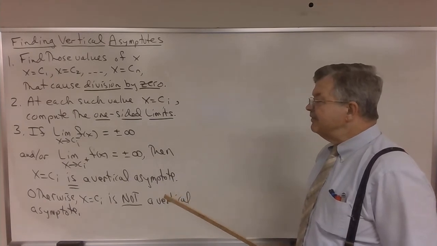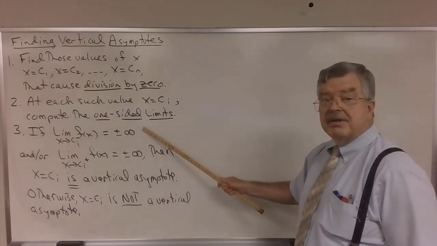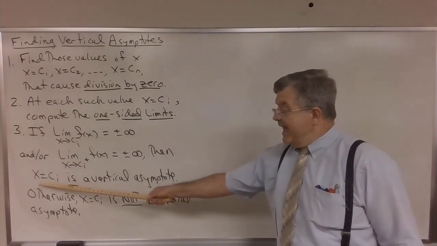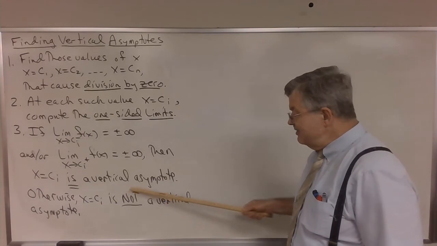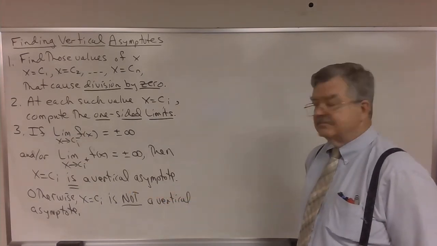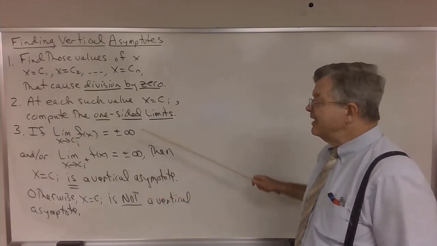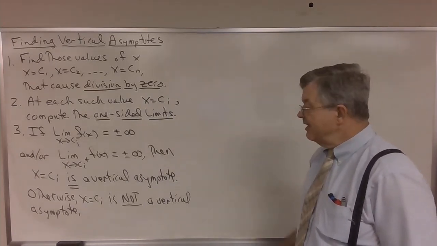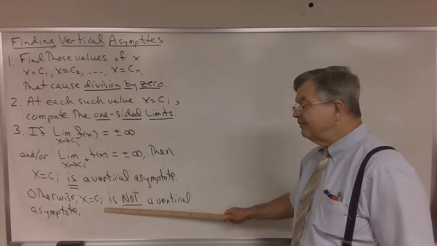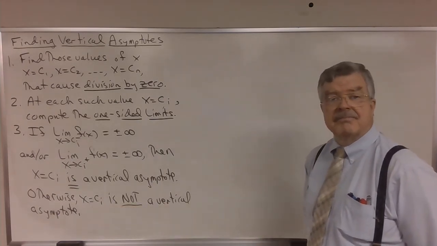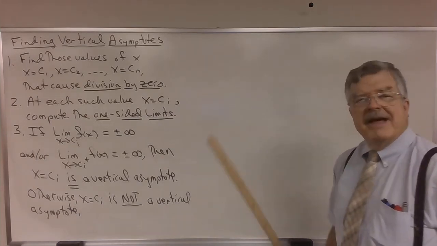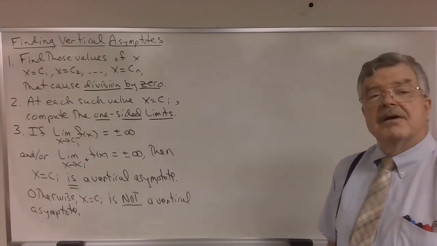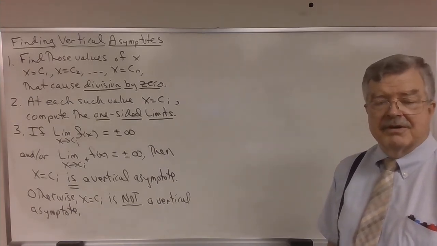And if those limits are infinite, either equal to plus infinity or minus infinity, then x equal that value is a vertical asymptote. Now, if neither of these things is equal to plus or minus infinity, then x equals c sub i is not a vertical asymptote. It's that simple. That's everything that there is for us to know about computing vertical asymptotes.